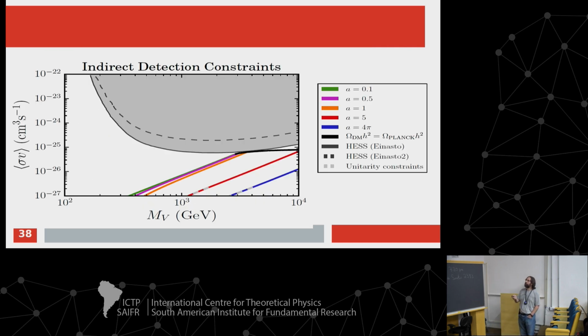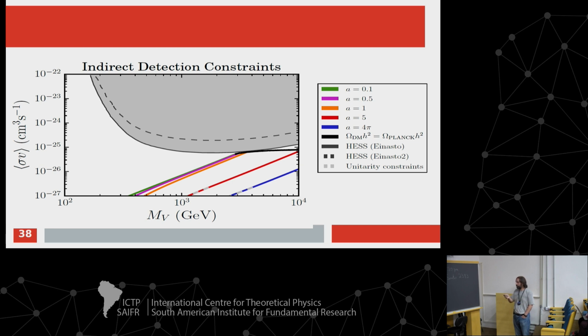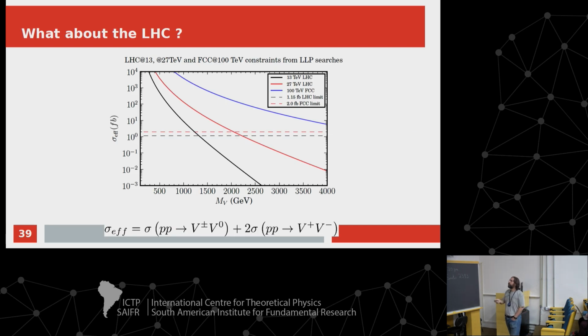We are also safe, or almost safe, from the point of view of indirect detection, depending on the assumption on the distribution of dark matter in the center of the galaxy. And this is the most important plot.